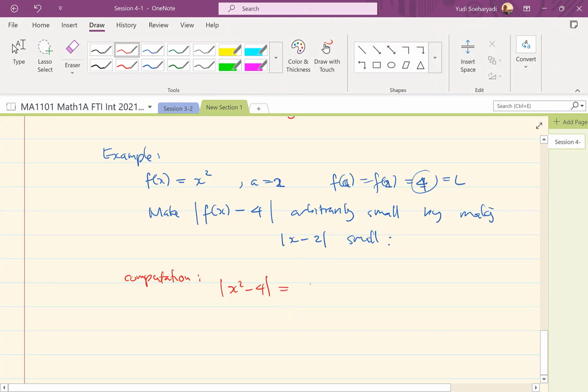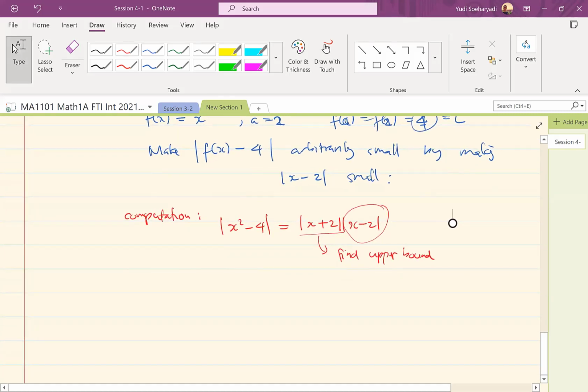In this case, there is no other way than to do factorization. Okay, and we need to bound this and x minus 2. Find an upper bound.